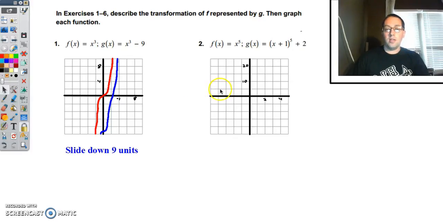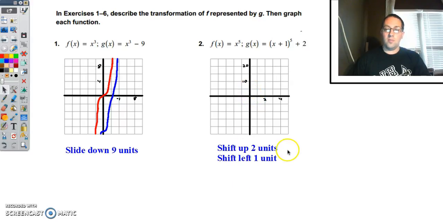All right, so you're back. Let's see how you did. Here's our original function, our f of x, which is x to the 5th. And what we want, we have x plus 1 to the 5th plus 2. This is inside the parentheses, so this is an h. And so it's also backwards. So h is negative 1, which means we're actually moving to the left 1. This is a k, it's on the outside, addition, and so that's going to move it up 2.